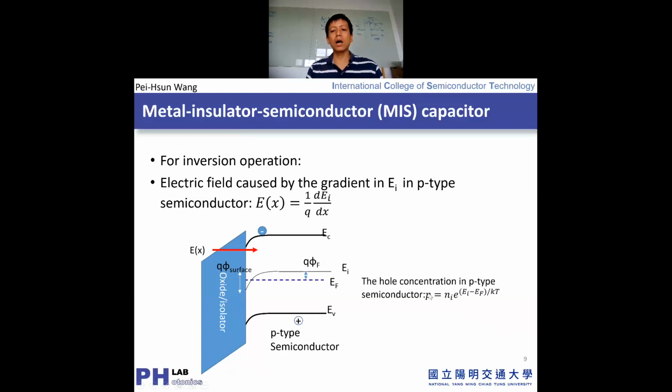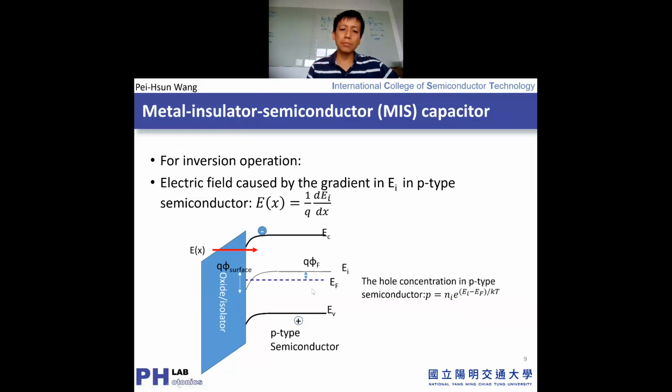And then the hole concentration in p-type regions is determined previously with p equals n_i multiplied by the exponential of the difference between the Fermi level and the intrinsic level. If the Fermi level is exactly in the middle of the band gap, that gives you p equals n_i, suggesting a really low concentration of free carriers.